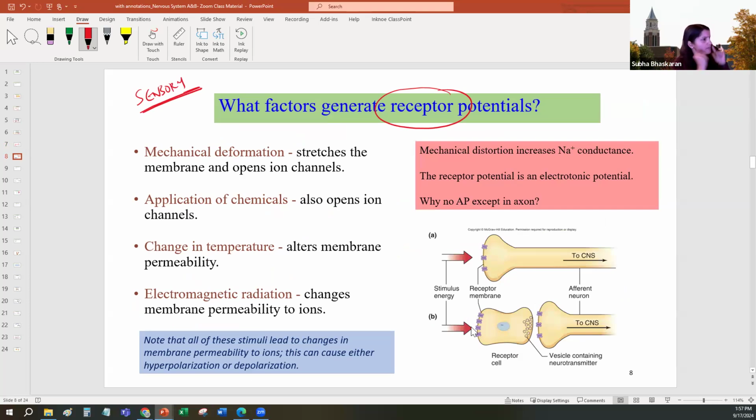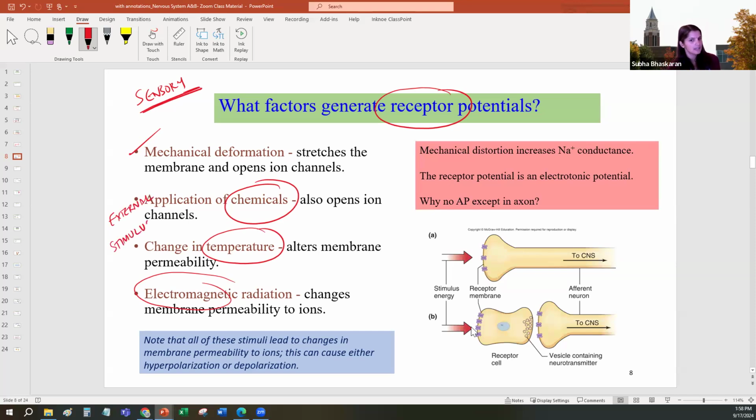Based on my sound waves coming to your ears. If you're seeing something, your eye receptors are getting activated, correct? So they are responding to changes, mechanical, chemical, temperature, electromagnetic, yes or no? Every time they see these, what are these called? External stimulus, yes or no? If they're coming from outside the body.